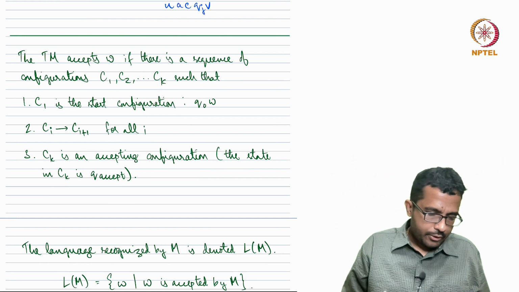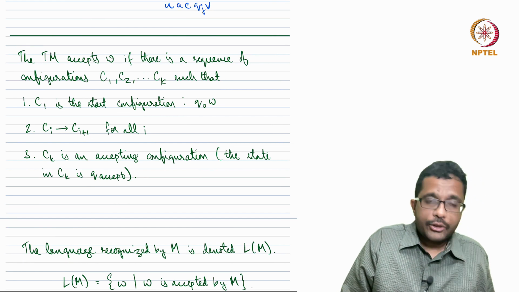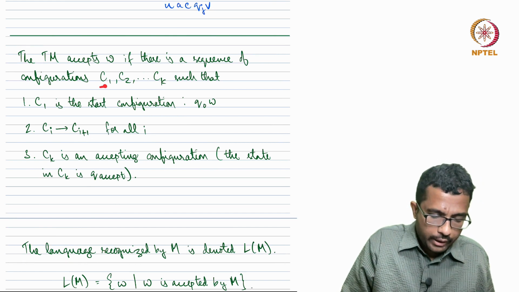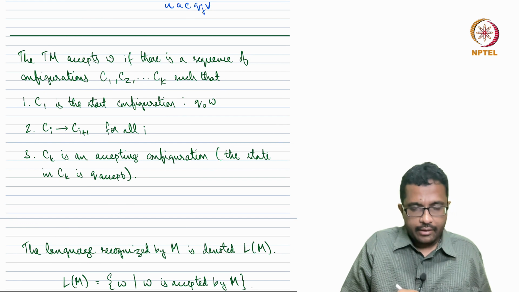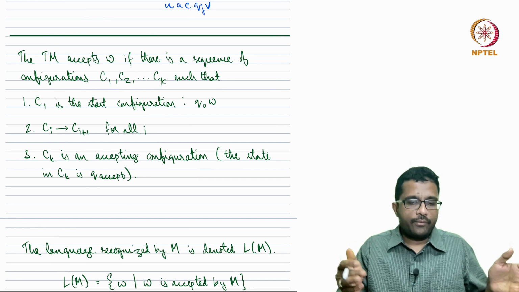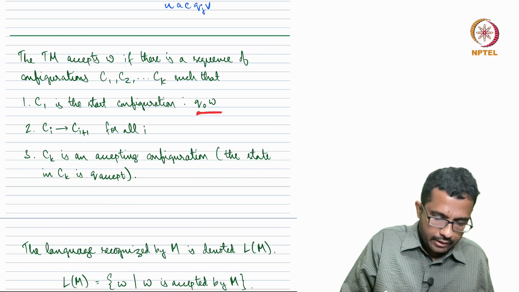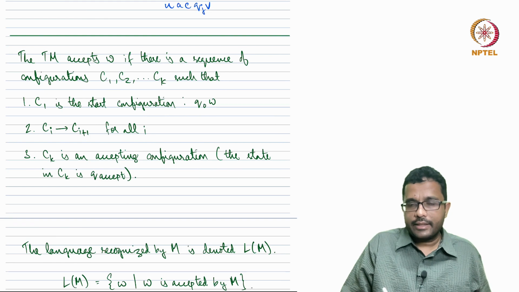So C1: we say that the Turing machine accepts W if C1 is a starting configuration. Starting configuration means the entire input string should be in the input tape and we should be at the starting state. So the input starting configuration is Q0W.